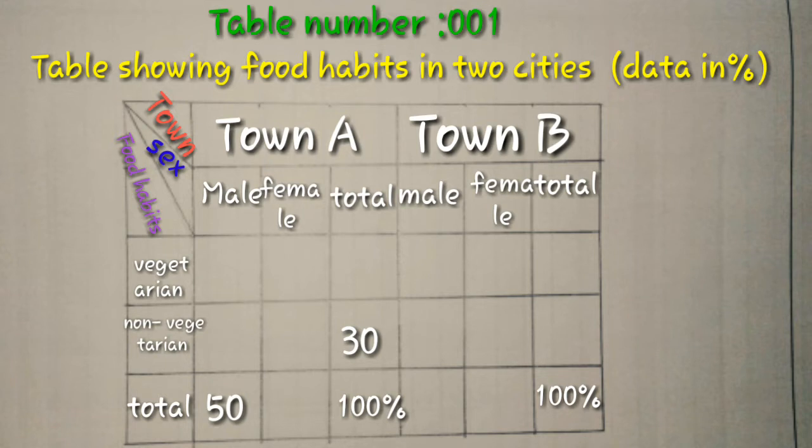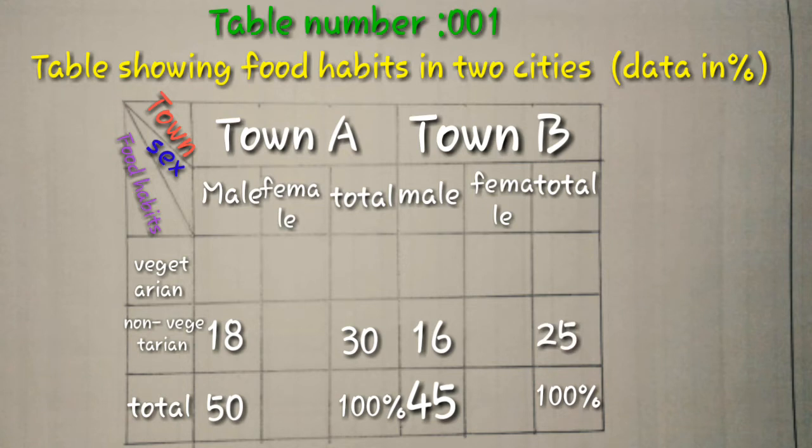Then the question again says that in that 30% of non-vegetarians, 18% were males. The information about town A was so much. So let us see town B. Here in town B, 45% were males and 16% were male non-vegetarians, and 25% were non-vegetarian.